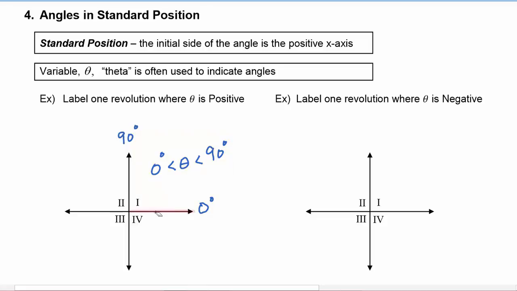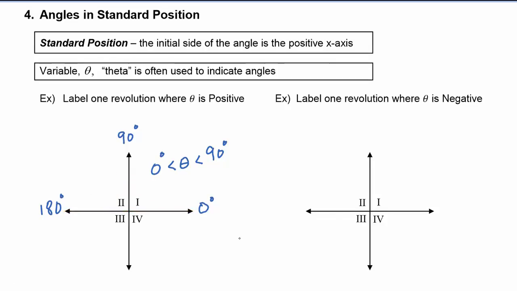Now starting from the positive x-axis, if the angle terminal side goes all the way to the negative x-axis, then that would be an angle measure of 180 degrees. So an angle whose terminal side lands in quadrant 2 here would have to have a measure between 90 degrees and 180 degrees.